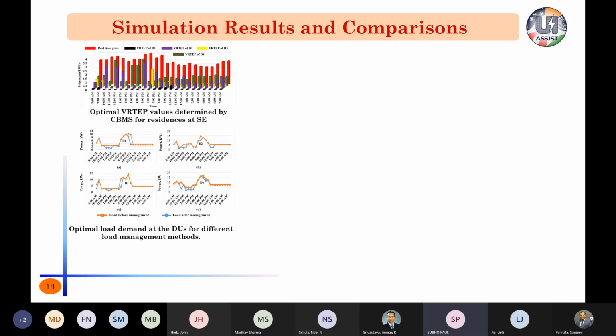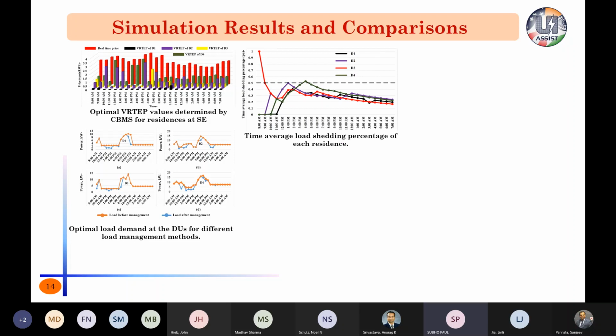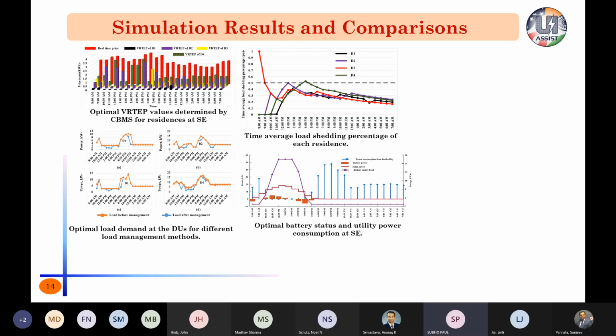Due to the unequal assignment of different virtual energy prices from D1 to D4, everyone is motivated to alter some of their total load demand at each time phase. But the total time average load shedding percentage is always below 50%, like 0.5 per unit, which is the reliability constraint. And the battery charging and discharging is done according to the availability of solar power.